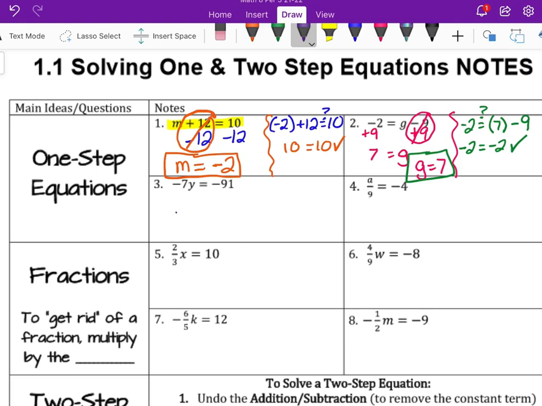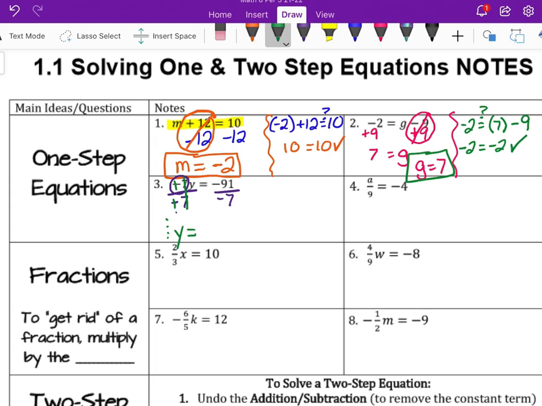So you always take exactly what is in front of the variable, and that's what you divide both sides by. So it's got to be the negative 7 out there, not just 7. Okay, so then we've got negative divided by a negative here. That's a positive. Okay, 7 divided by 7 is my 1. So there's my incredible invisible 1.